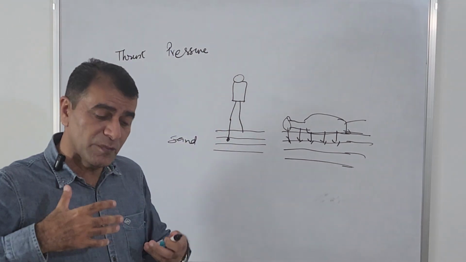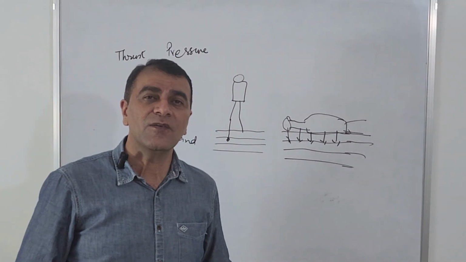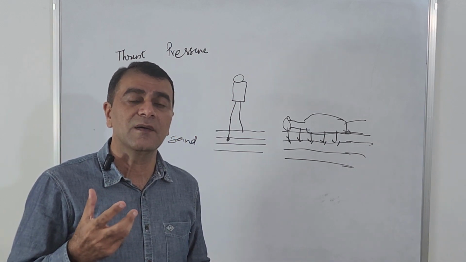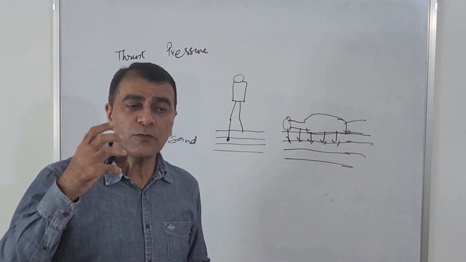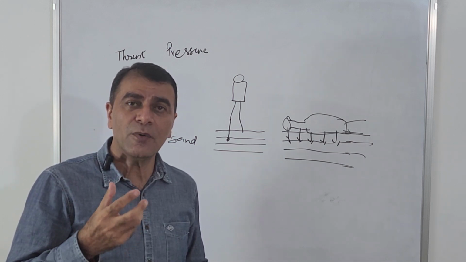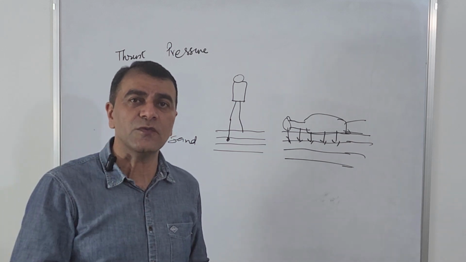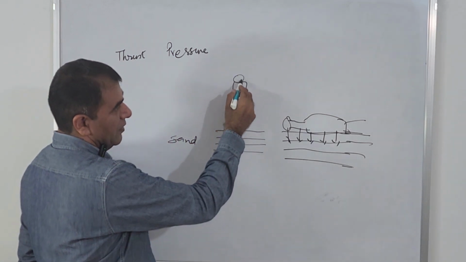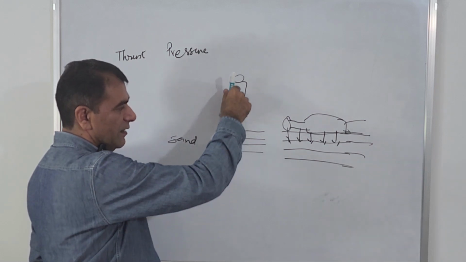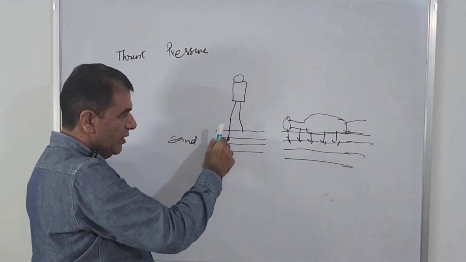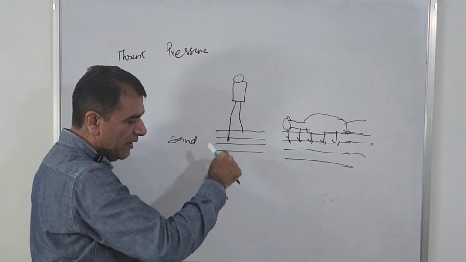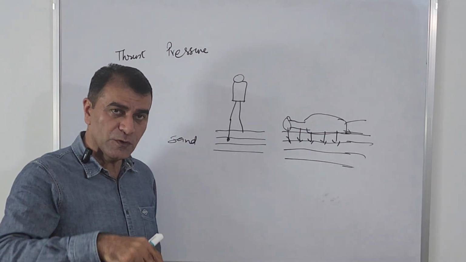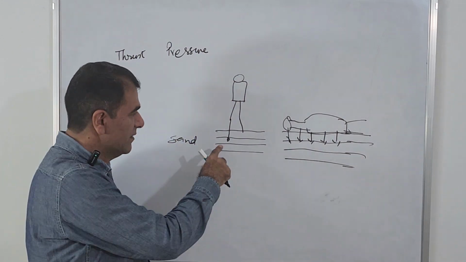This force is nothing but your body weight. What is weight? I told you in the last lectures that weight is the force with which a body is attracted towards the center of the earth. So weight is nothing but force. So it means the whole weight of the body is the force which he is applying by his foot onto the sand, so that his foot goes into the sand, right?